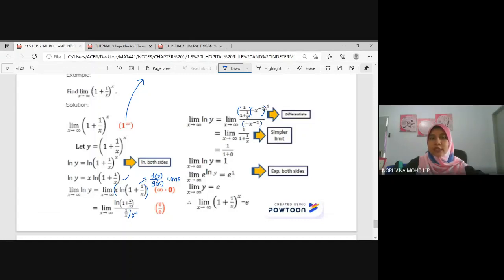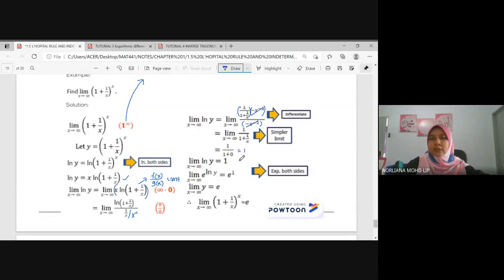Then we can simplify this function. We can cancel, so we get this simpler form. Then we substitute x equal to infinity. So we get the answer equal to 1.